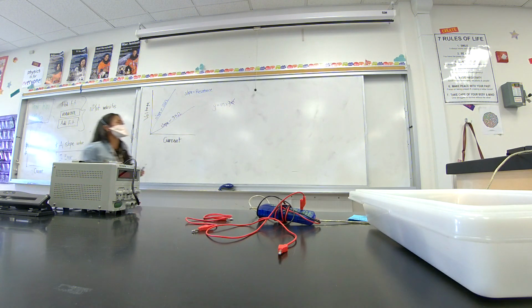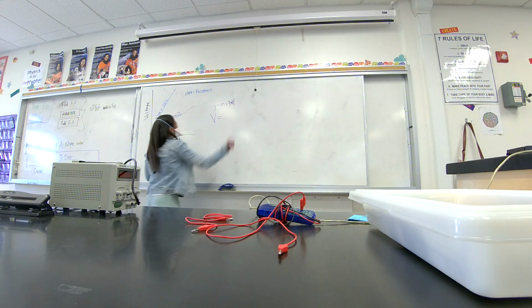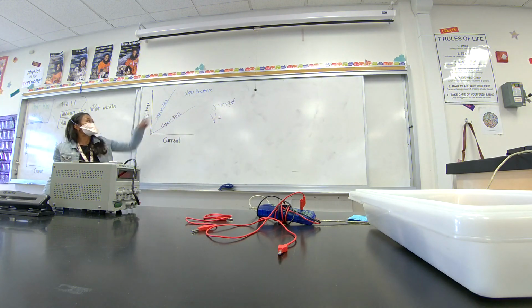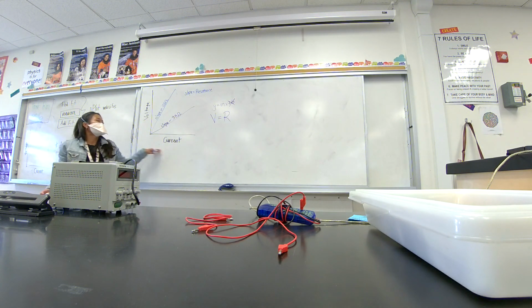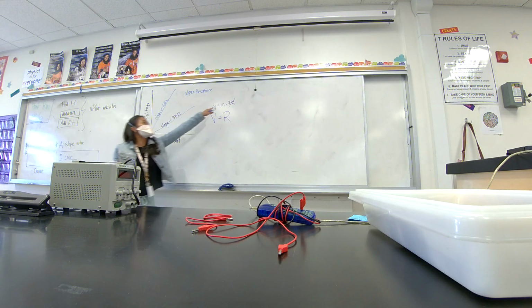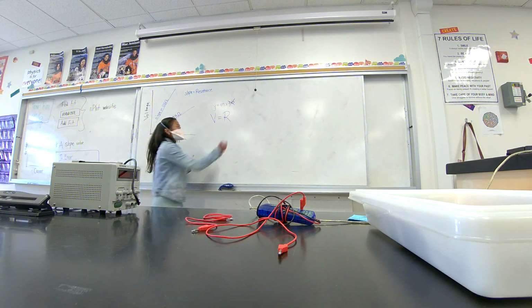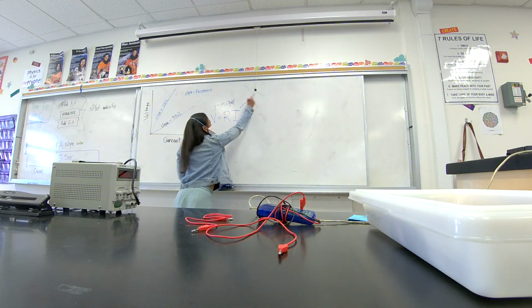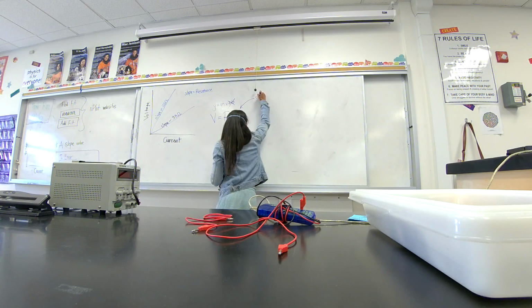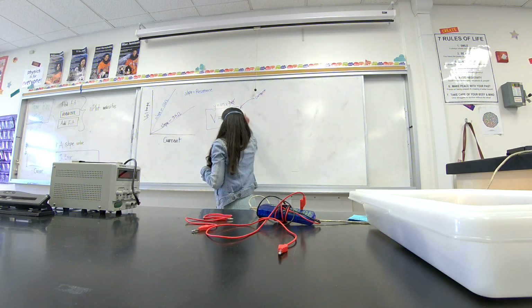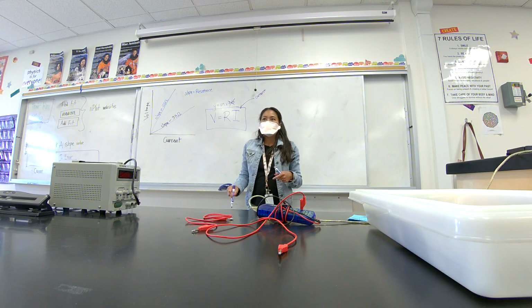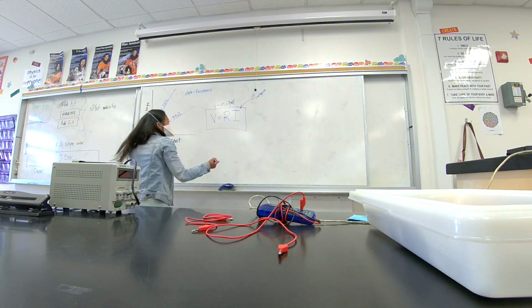So y represents voltage, V. Slope represents resistance, which is R. And then x represents your current. Again, this is one you need to memorize. Current is represented by I. This is Ohm's law.